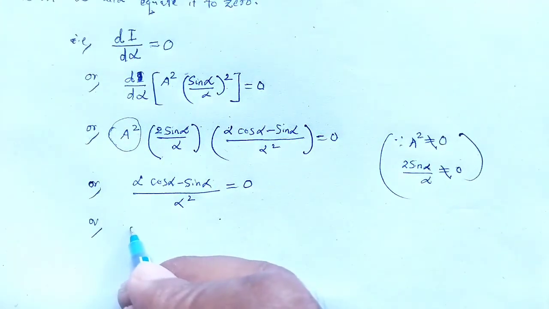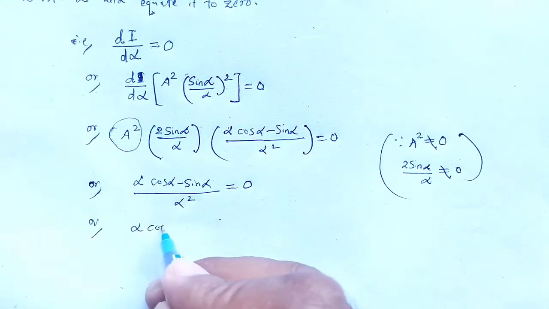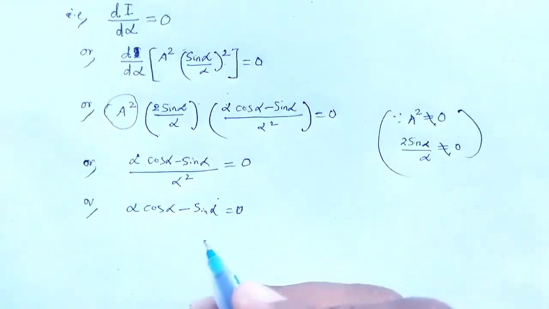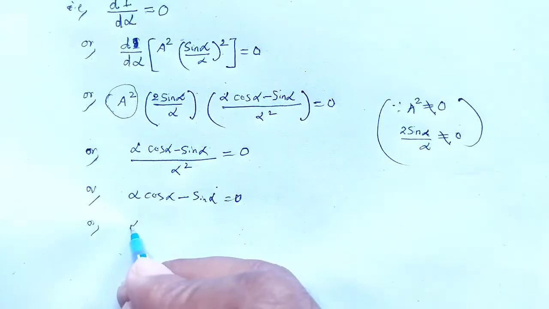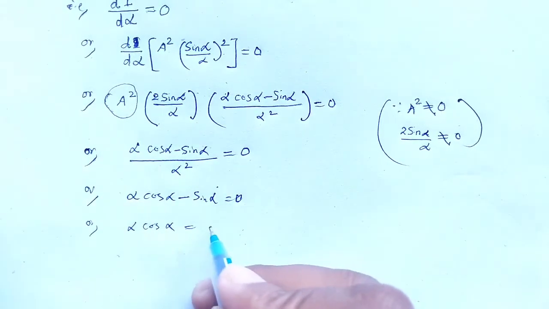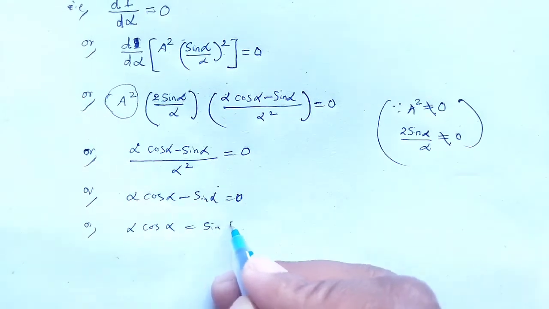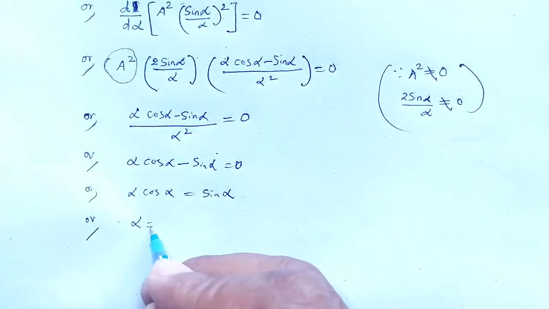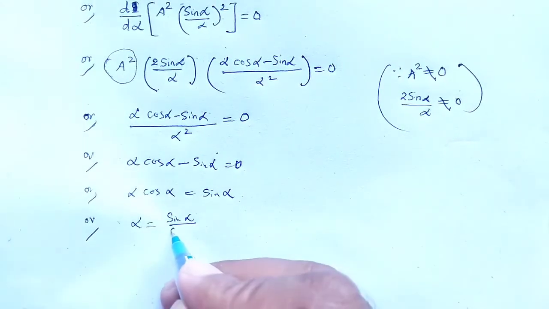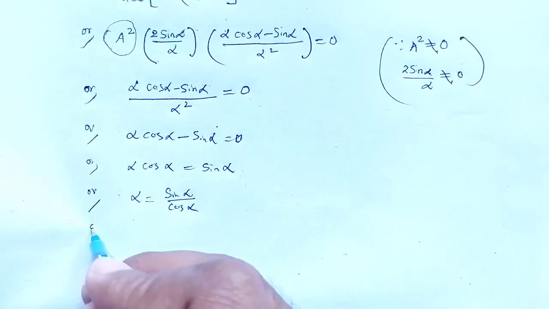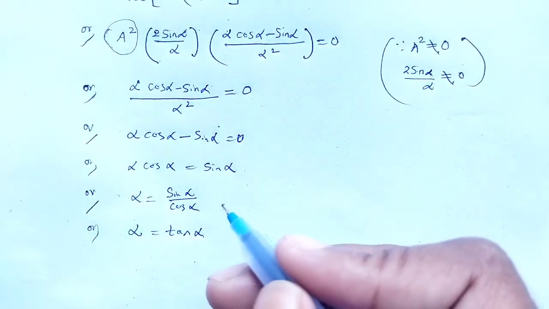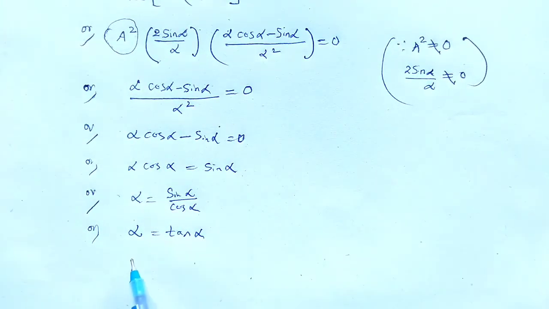Therefore, alpha cos alpha minus sin alpha is equal to 0, or alpha cos alpha is equal to sin alpha, or alpha is equal to sin alpha by cos alpha, which is alpha equals tan alpha.